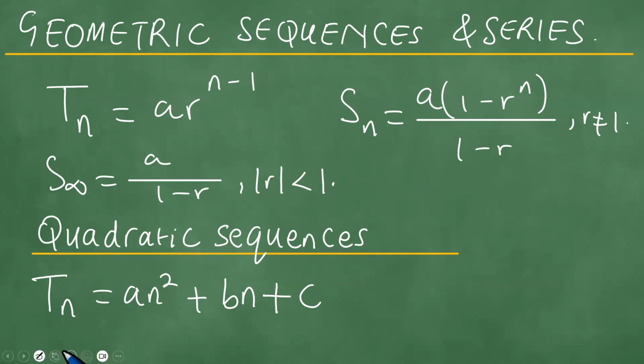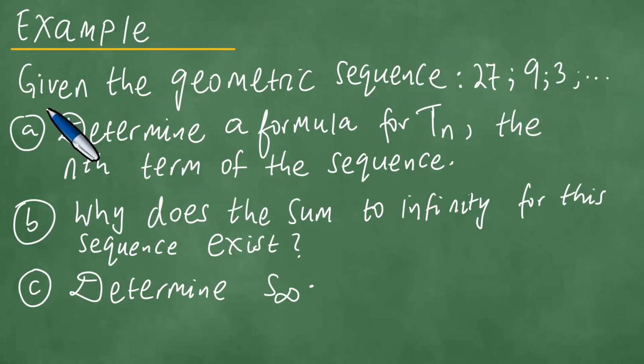Now, the first thing we shall focus on is an example. In this example, we are given the geometric sequence with the terms 27, 9, 3, and so on. Determine a formula for Tn, the nth term of the sequence. Why does the sum to infinity for this sequence exist?